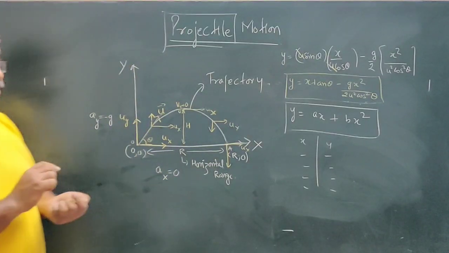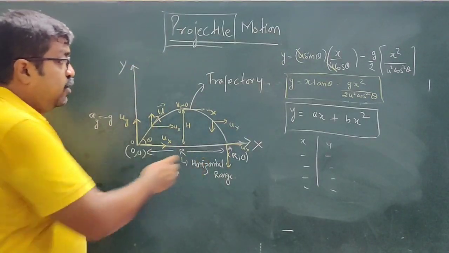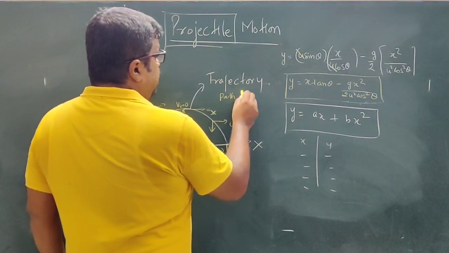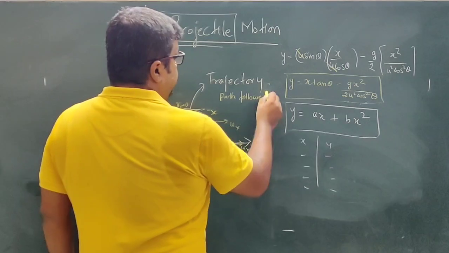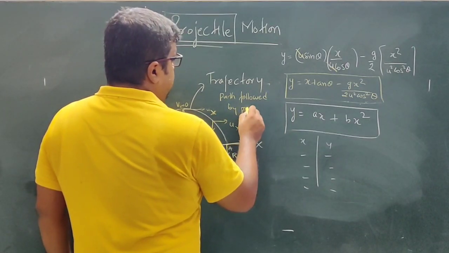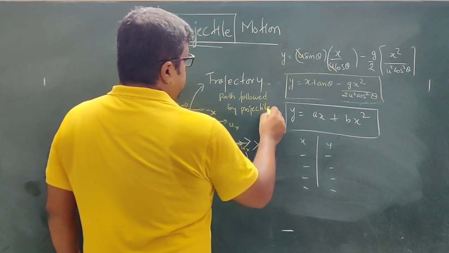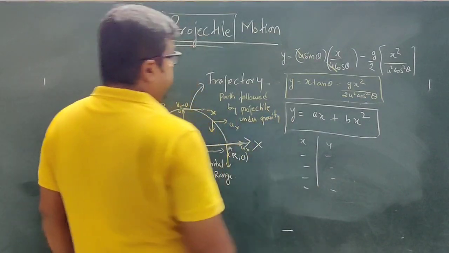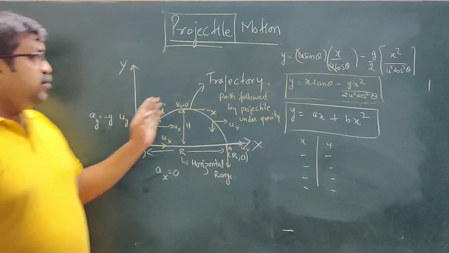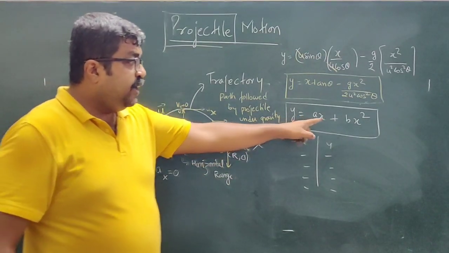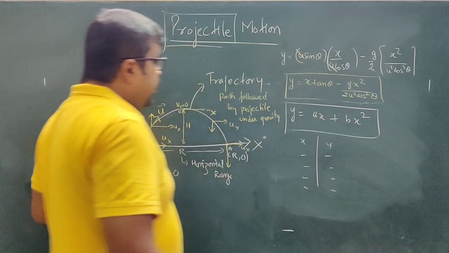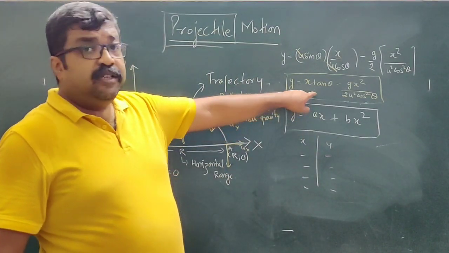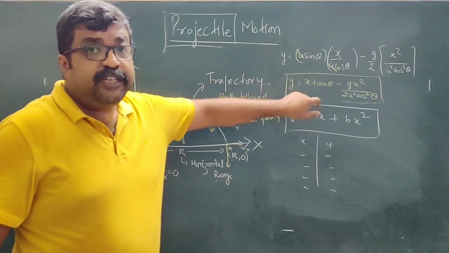This is the path followed by the projectile under gravity. So if you are making the substitution for x and y, you are getting the same path. So that means this equation represents the equation of trajectory.